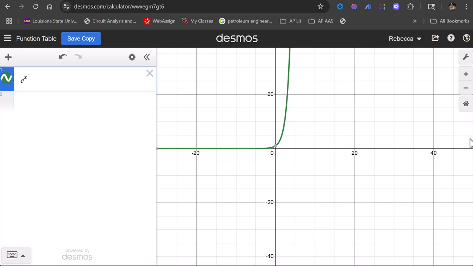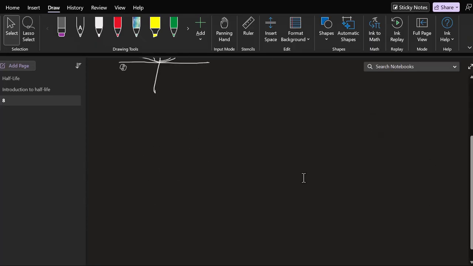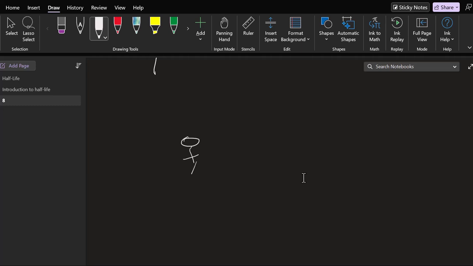So, let me see. Here's you, here's the mirror. That's a great straight line. I can't do straight lines. Here's the mirror.